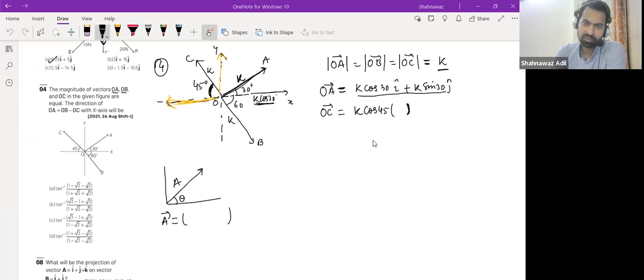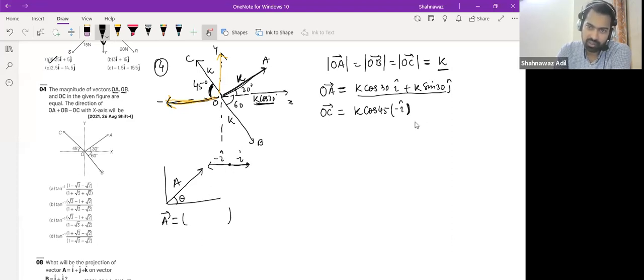Siddhika, what would be the direction? This is in this direction, so what would be this direction? Minus I. Yes, correct. So if this is I, this is a negative or opposite vector, so this would be minus I. Right.